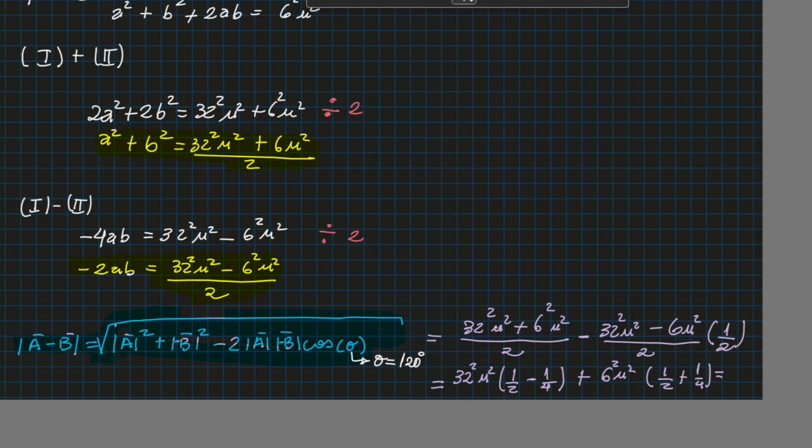So the subtraction of these two values is, let's see, so the result is, well, we forgot to put here the root square, so it is also needed here.